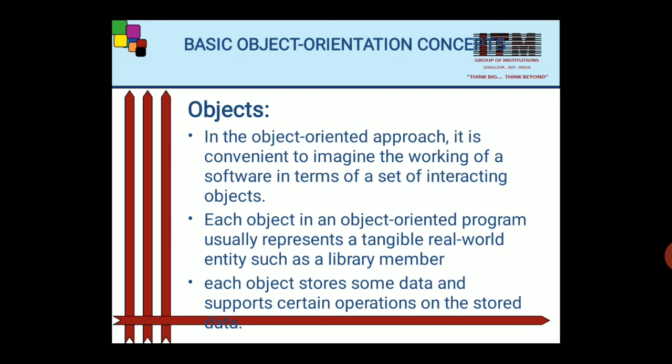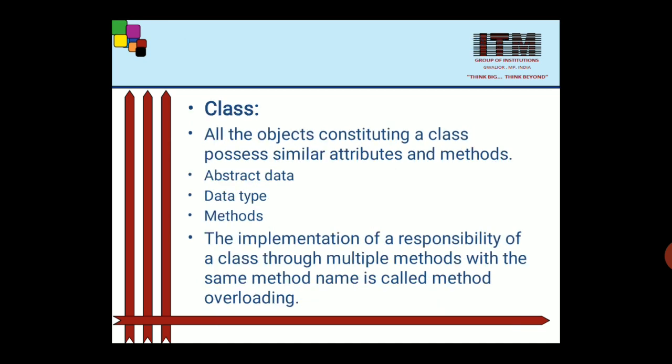So the terminologies associated with object orientation are very simple and well defined, and basically it is similar to classes. All the objects constituting a class possess similar attributes and methods, like a set of all library members would constitute the library member class in the library automation application.